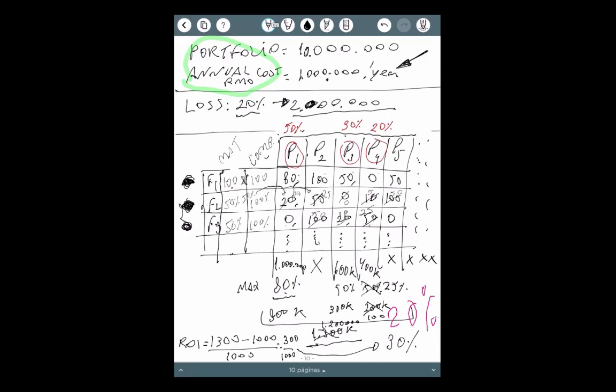That's why sometimes these results will help you to justify, instead of implementing a departmental PMO, implementing an enterprise PMO. Because, for example, maybe the result will be negative with a portfolio of 10 million, but if it's an enterprise PMO, the portfolio will be 100 million, right?